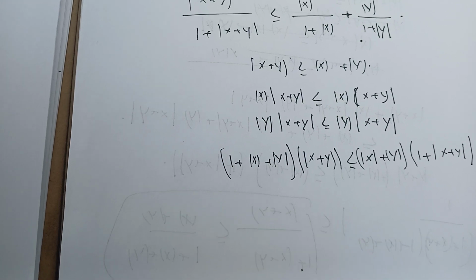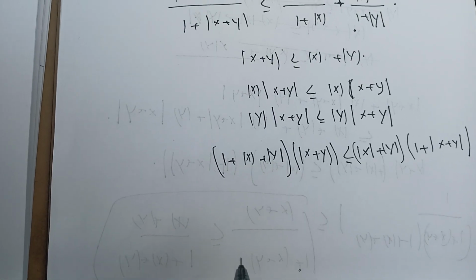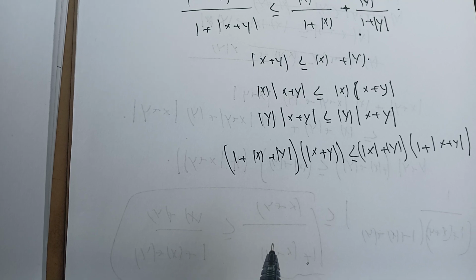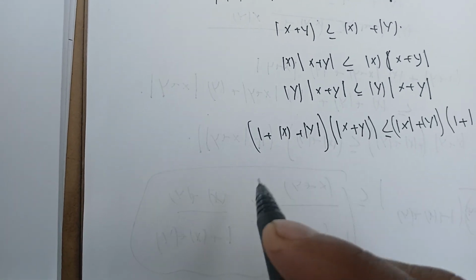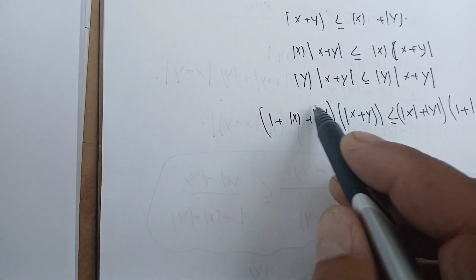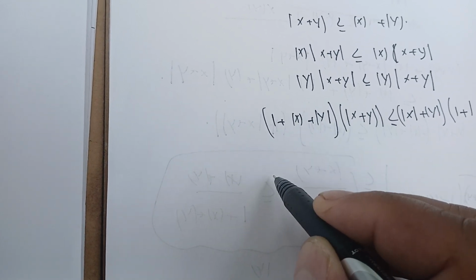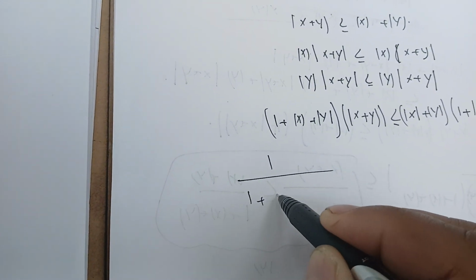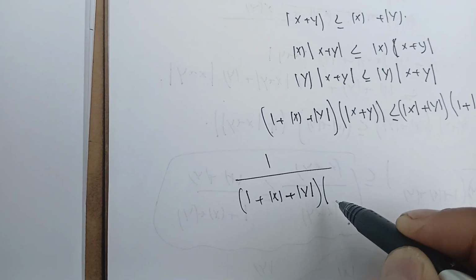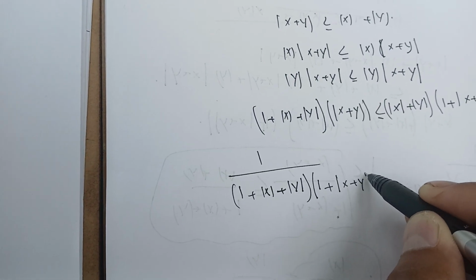Okay, now to get our result, we're going to divide everything by this one here. So let's multiply both sides by 1 over 1 plus the absolute value of x plus the absolute value of y, times 1 plus the absolute value of x plus y.